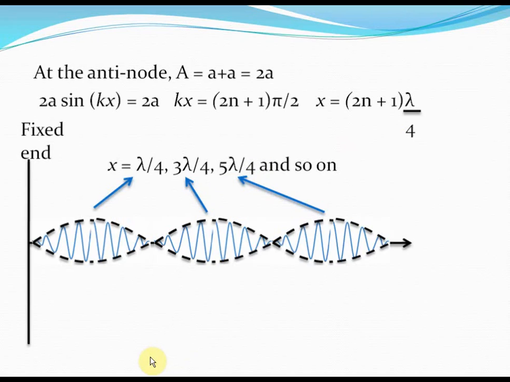In case you are given any other equations and you have to calculate the position of the nodes or the antinodes, simply calculate the final equation of the stationary wave by adding the equation of the incident wave and the reflected wave, and then calculate the minimum and maximum amplitude, and then calculate the value of x for which the amplitude is minimum or maximum. You yourself can find the position of the nodes and the antinodes.